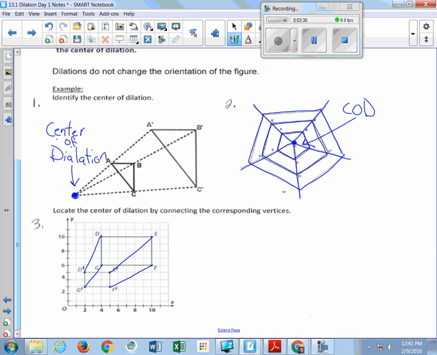If I follow those same points, or follow those lines, they should all go to the origin. So connecting each point to itself in the corresponding shape, and then following it to a single point, got me to the origin, finding my center of dilation.